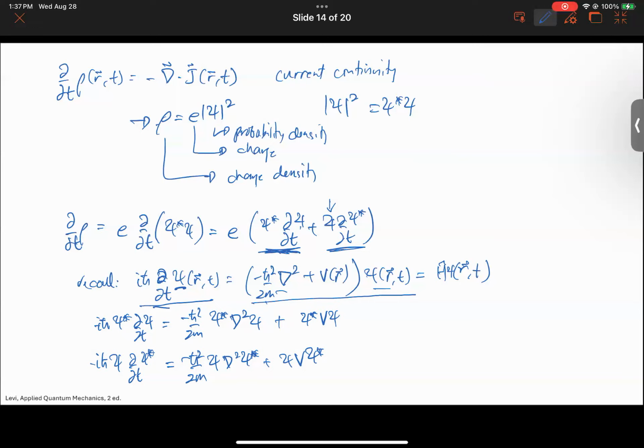Okay, so now we have these two terms. I-plug in natin yan dito at dyan to get the time rate of change of the charge.